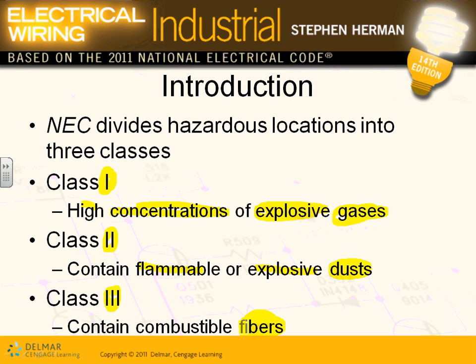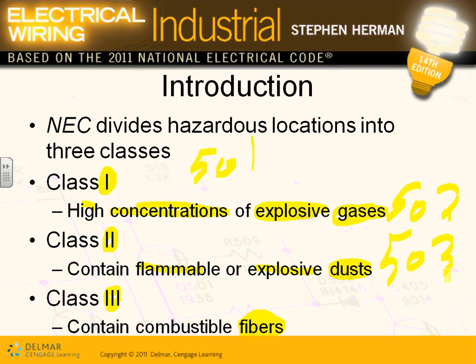What's the difference between class and division? Oh, we're coming to the division. So these are the classifications. The code, guys, refers to these. This is 500-01, this is 500-02, and this is 500-03, the classification of Class 1, Class 2, and Class 3.